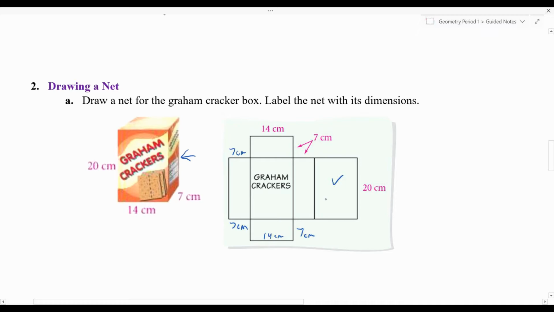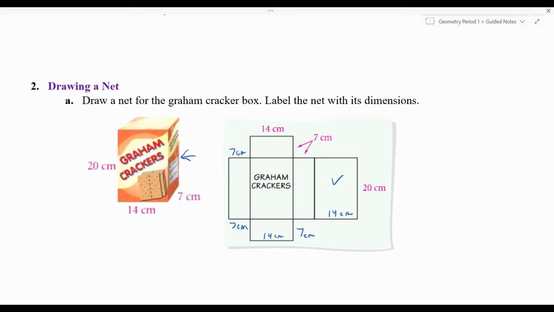If this one is the same size, we know that it's also 20 centimeters tall, and it is 14 centimeters wide as well, just like its counterpart. So that's why we actually do this.